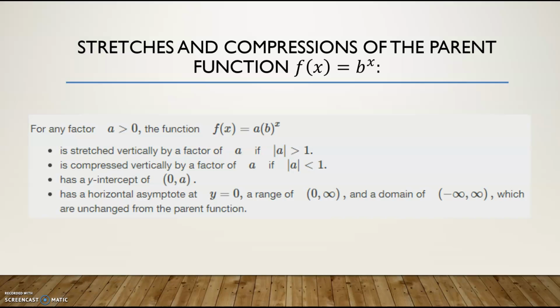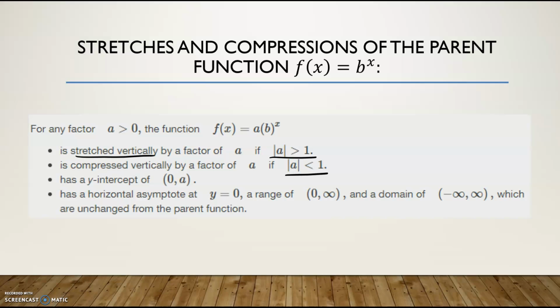The function f of x is equal to a times b raised to x. So the absolute value is talking about taking that negative away, because negative is talking about reflection. So the number a, regardless of the sign, if it is greater than 1, you've got a vertical stretch.